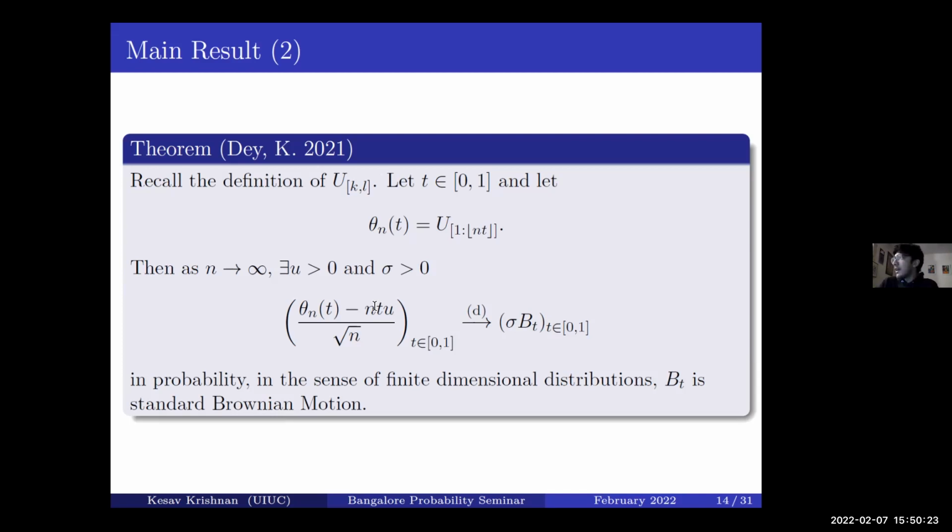But over here, it's far more trivial because calculus is easier to do in one dimension. You count the number of vertices within a certain section, and that describes the derivative of a discrete function. Then you can just integrate over that to get a notion of a height function in 1D. And what we're saying is that our height function converges to just a linear function with slope u.